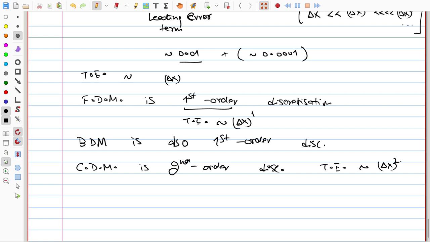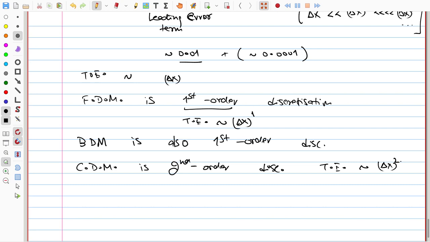So what that means is, if you had control over delta x, and we do, if you have a very good computer, I can put a smaller delta x value so that I will have lots of mesh nodes. If you reduce delta x by half, the center difference method will reduce the error to 1/4, whereas the forward or backward difference method will only linearly reduce the error to half. So the center difference is going to be much more accurate in terms of controlling the error by delta x.